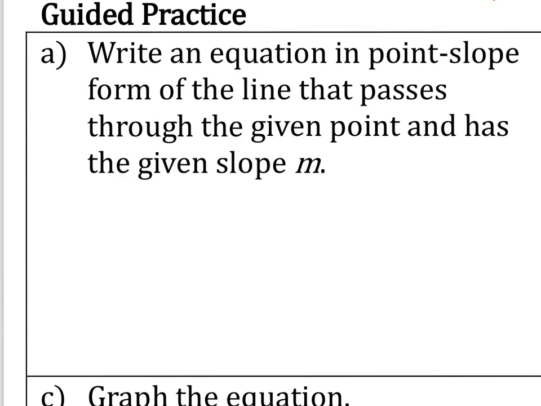Guided practice, Part A. Write an equation in point-slope form of the line that passes through the given point and has the given slope m. So I'm going to write a random point, 4, -3, with a slope of -2.